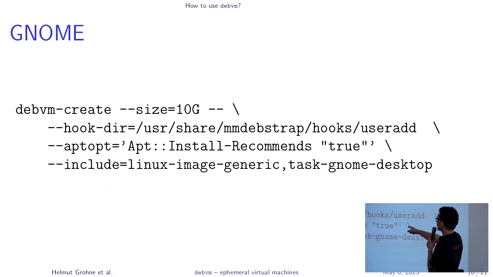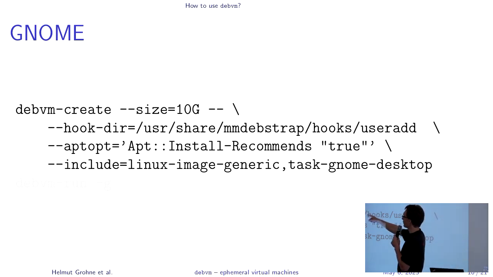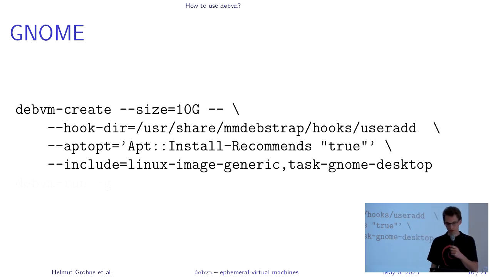It also disables recommends by default. That's an mmdebstrap thing. So we enable them. This one is a standard hook, which basically says add a dummy user. And the only option left over there for debvm-create is the size, because the default size is too small for the desktop image.